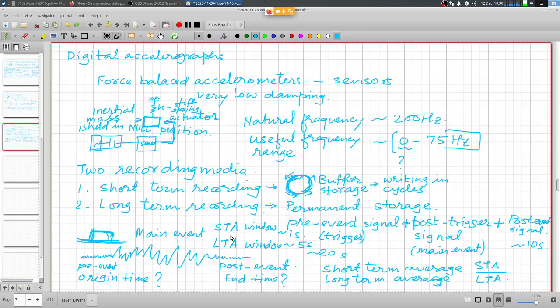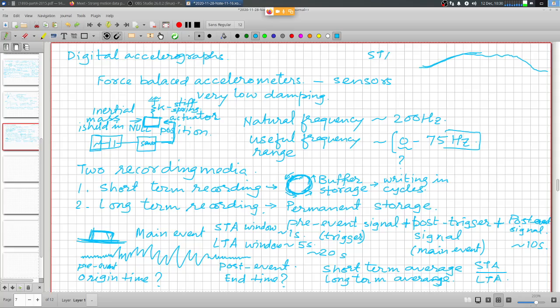And you will be able to detect that if this ratio grows beyond unity, then that indicates that there is some extra energy coming into the signal over the immediate vicinity of that cursor, wherever the central point of that window is. So that actually gives you the idea of the STA LTA ratio. You can plot how it moves, and you will see it increases, then stabilizes, and then again goes down.